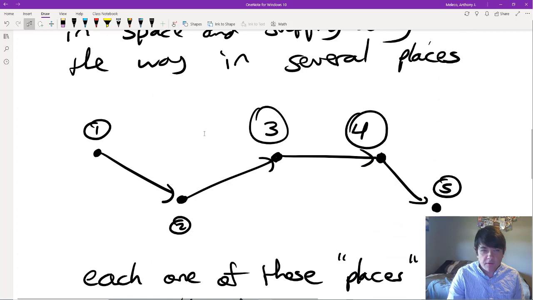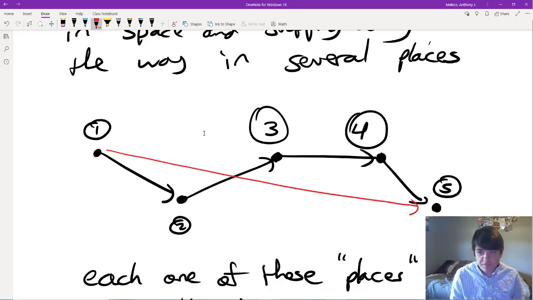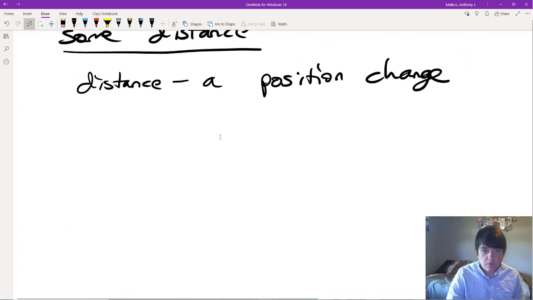Now, if we look at this, there is an overall position change from 1 to 5 if you're looking at this whole thing.